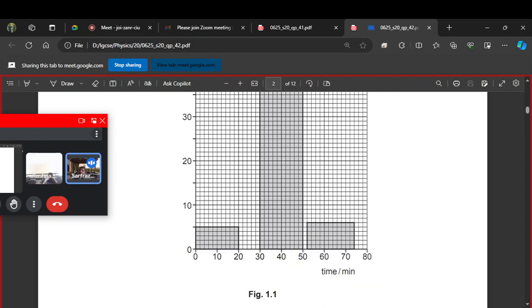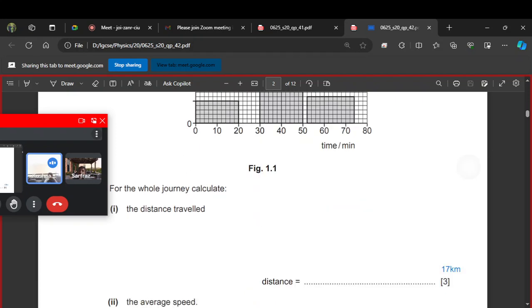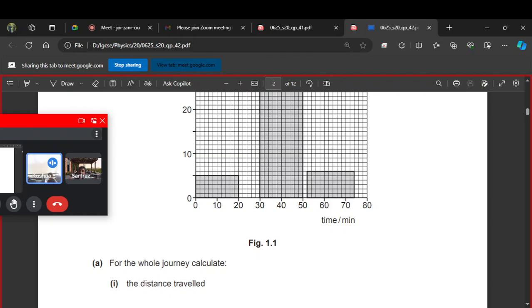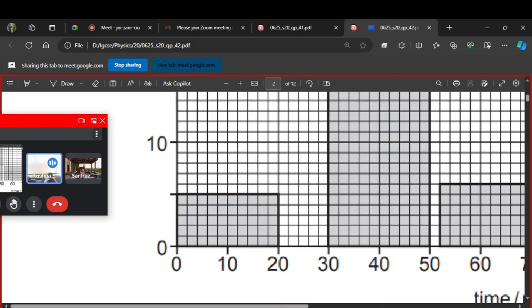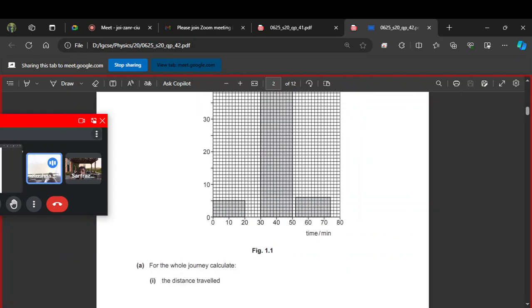How will you calculate it? Normally distance equals speed times time. So first we add all three of them up. So we do 5 divided by 20 times 6. So 5 divided by 120. How 5 divided by 120?